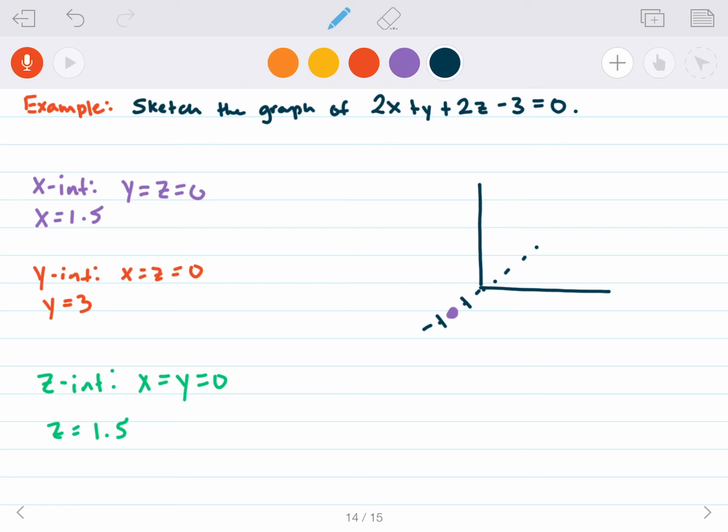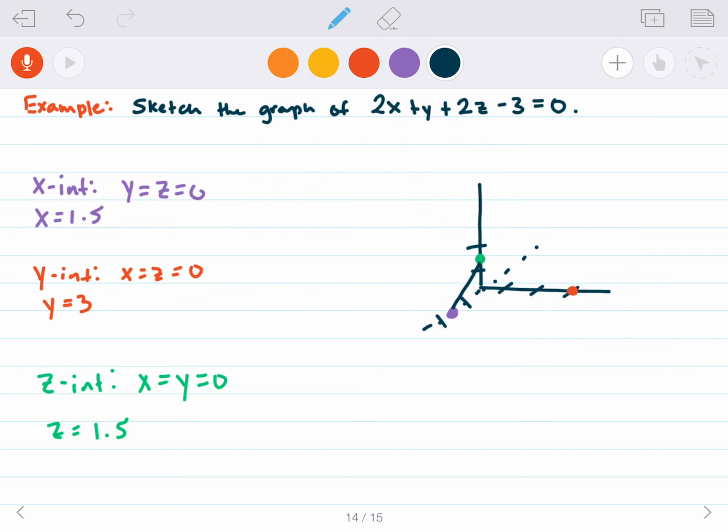Y-intercept is 3, so 1, 2, 3, looks like that. And our z-intercept is 1.5, so we have 1, 2, 1.5 is going to be in the middle right there. And then we just connect our points.